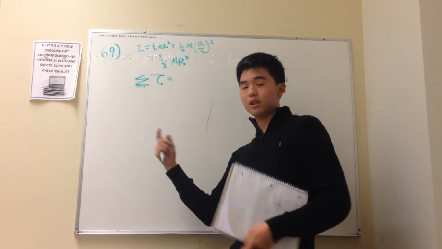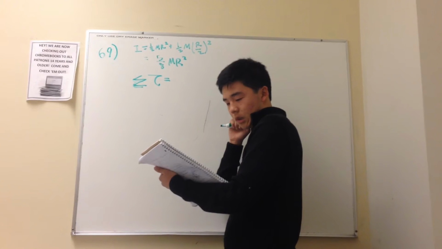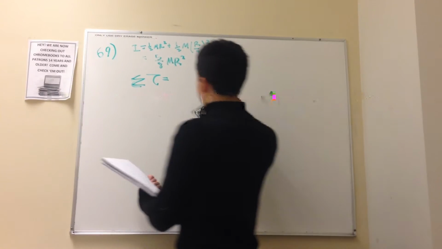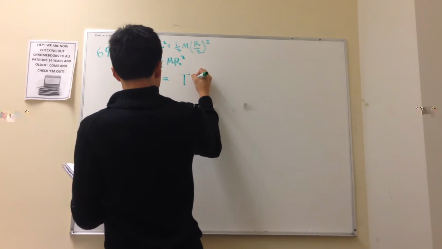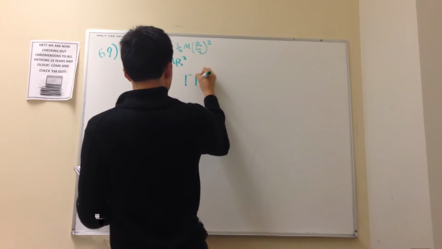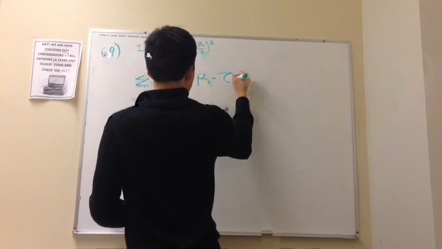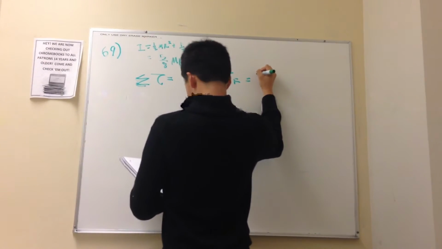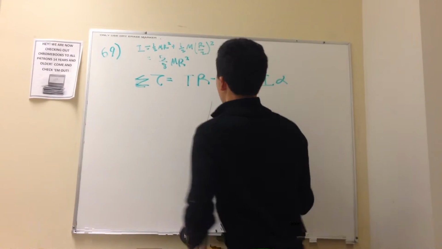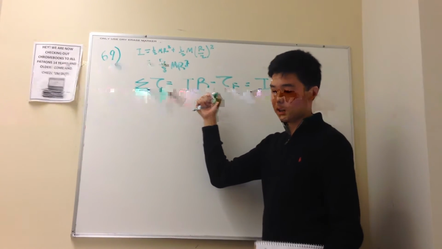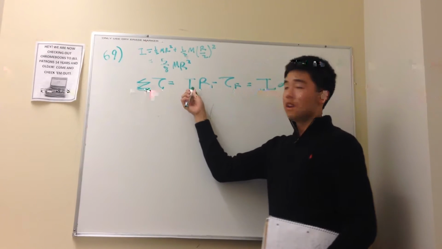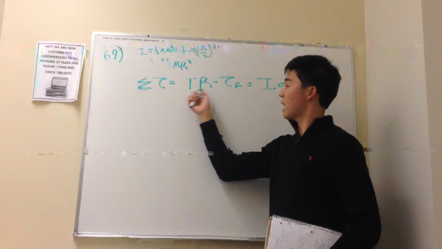It's like F equals ma, but it's with torques. The torque created by the tension is the tension itself times the radius.